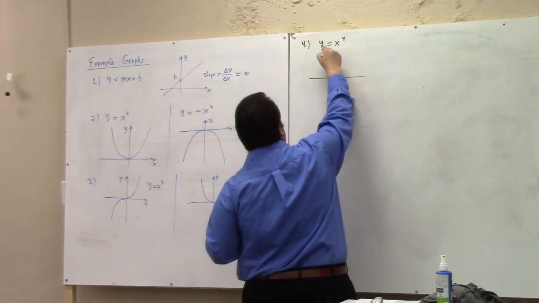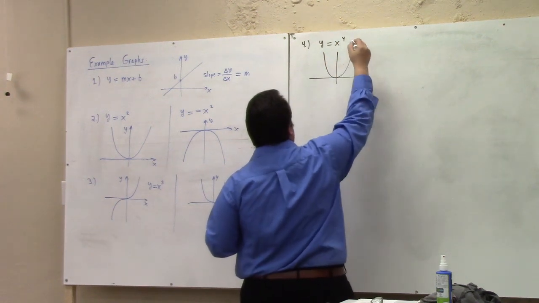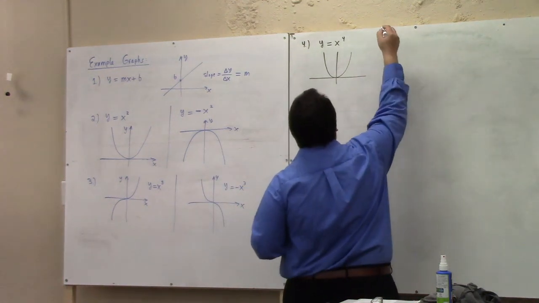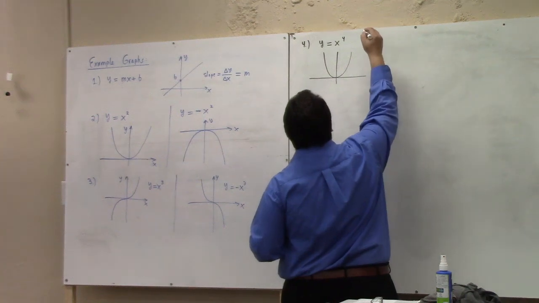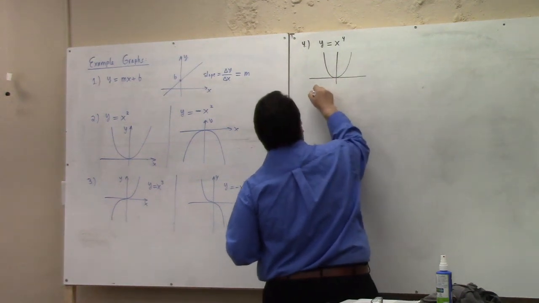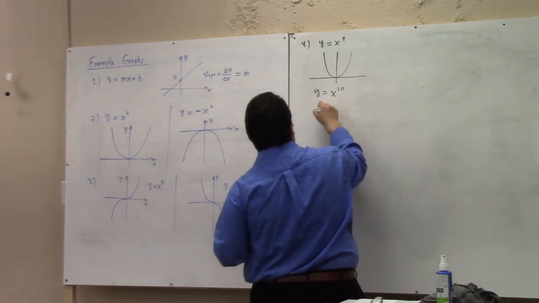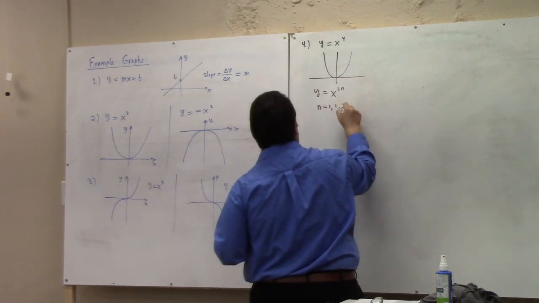So again, my picture for y equals x to the 4th or y equals x to the 2n, for n equals 1, 2, 3.